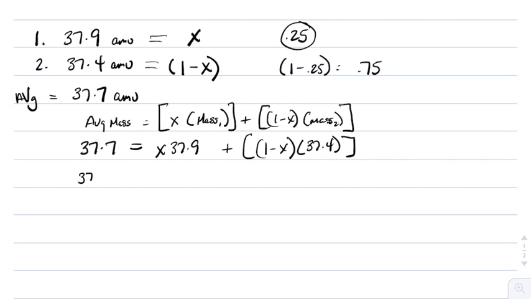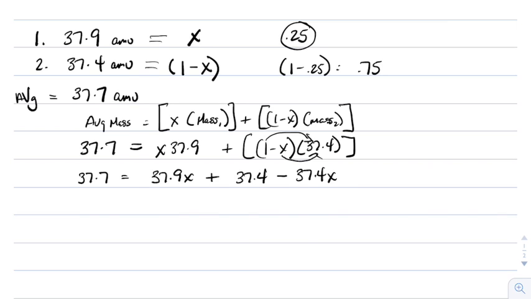Mathematically, 37.7 is equal to 37.9x plus 1 times this value is 37.4, and a minus x times that value is minus 37.4x. So I distributed. I did 1 times this, and then I did negative x times that.